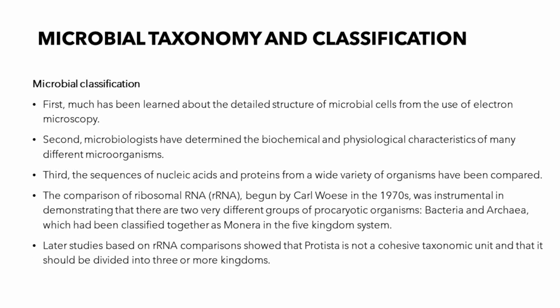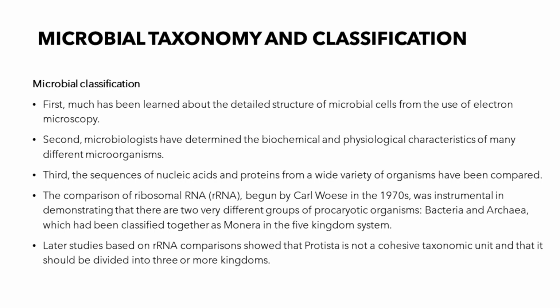Microbial classification. First, much has been learned about the detailed structure of microbial cells from the use of electron microscopy. Second, microbiologists have determined the biochemical and physiological characteristics of many different microorganisms.